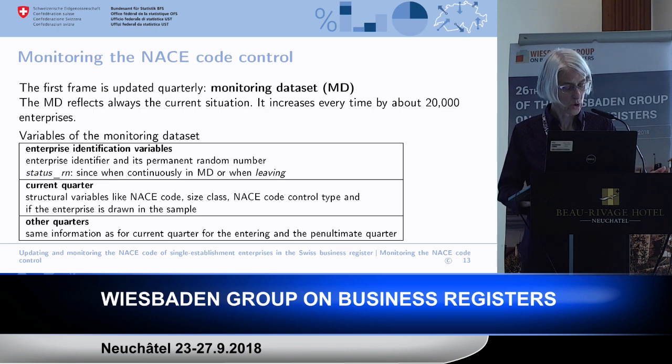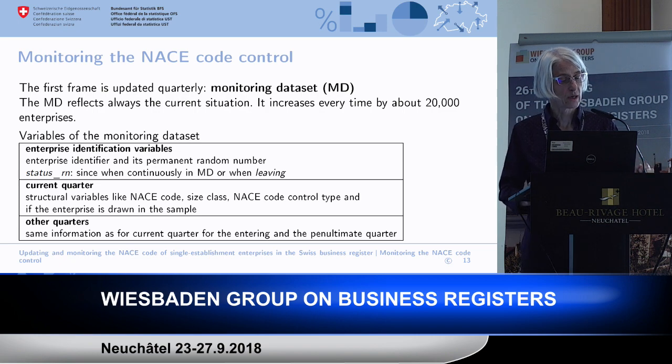There are, for one, the enterprise identification variables like enterprise identifier, permanent random number, and a status variable which shows since when an enterprise is continuously in the monitoring data set or when it left it, which means, in other words, when it became inactive.